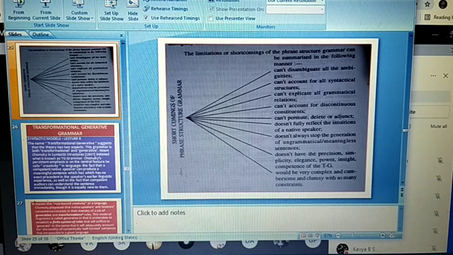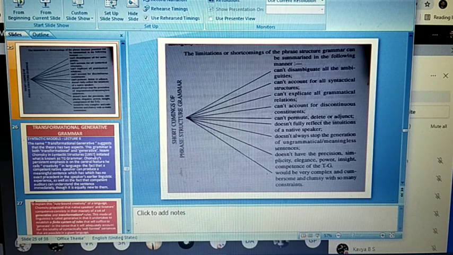Number 3, phrase structure grammar cannot explicate all grammatical relations. Say for example, you have so many grammatical relations like concord, agreement, number, gender, tense, etc. So all these grammatical relations cannot be explained by phrase structure grammar.